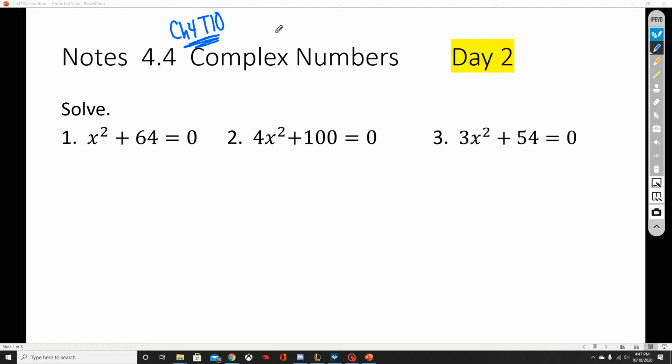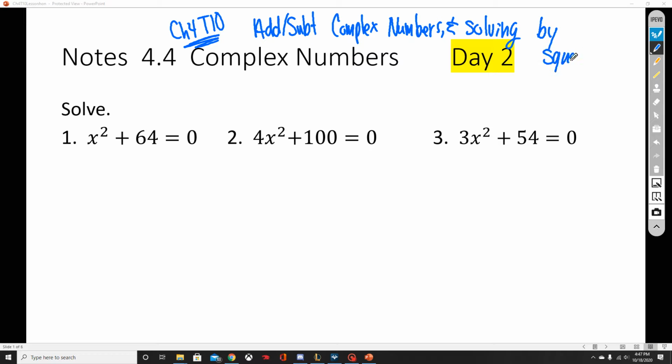And the lesson we're looking at is adding and subtracting complex numbers and solving by square root. So Chapter 4, Topic 10, adding and subtracting complex numbers and solving by a square root.